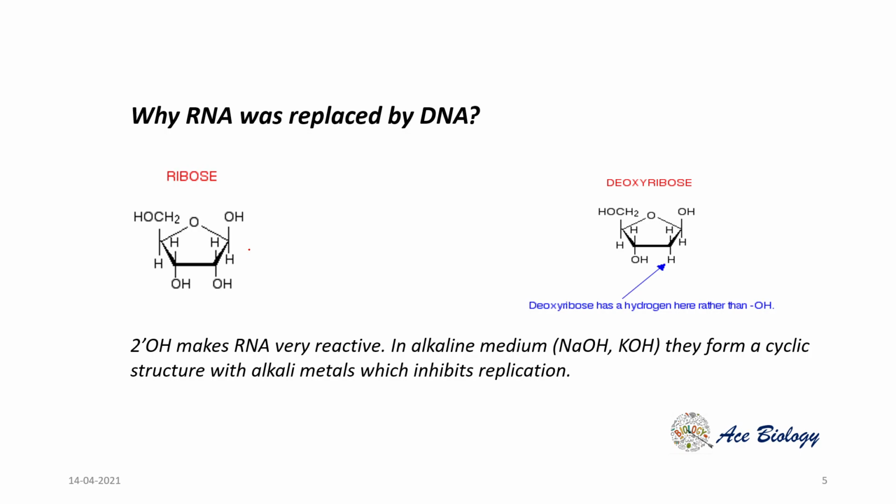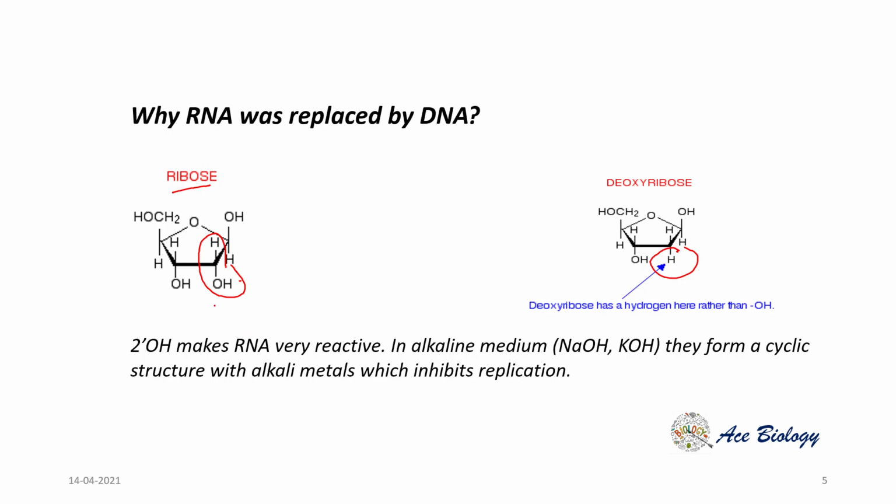So what is the factor that makes it stable? It is this 2' OH. Like we had already discussed, the difference between the DNA and RNA is the 2' OH which is present in the pentose sugar group. At this 2' position, in case of ribose, we have the OH group, and in case of DNA, it's only the hydrogen atom which is present here.